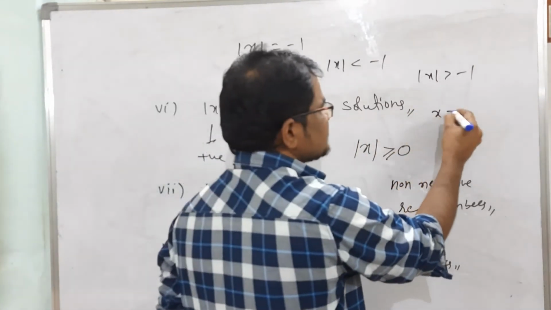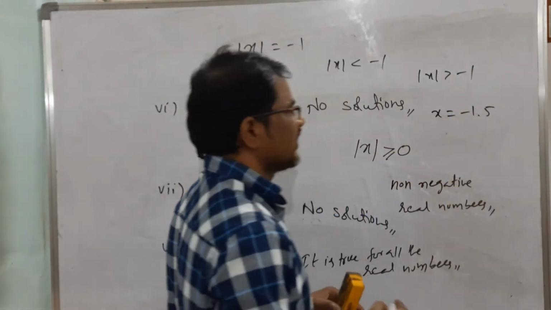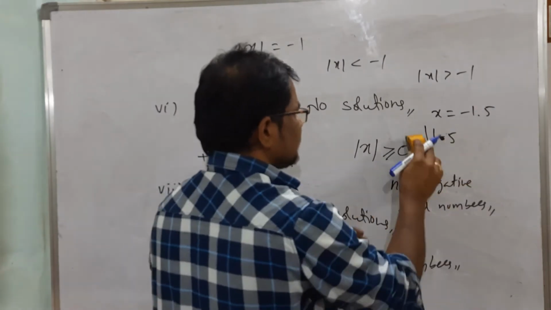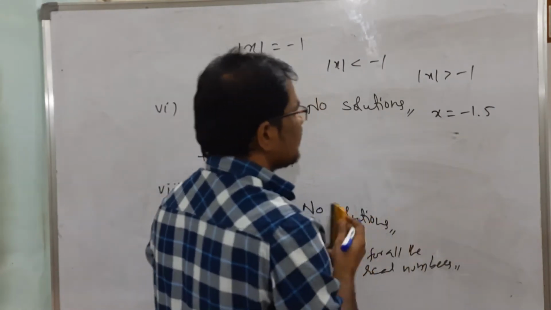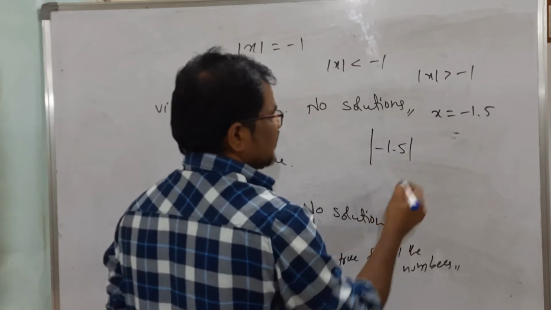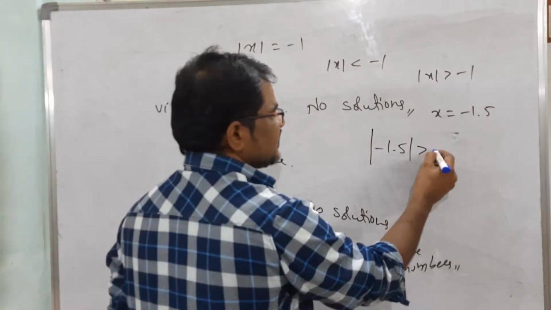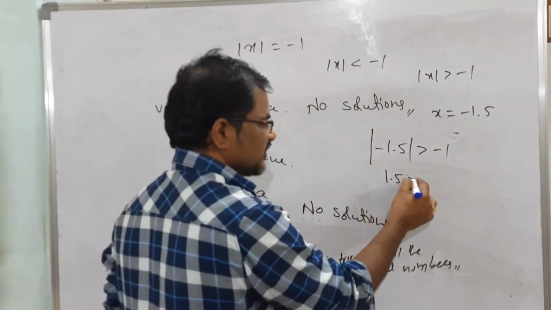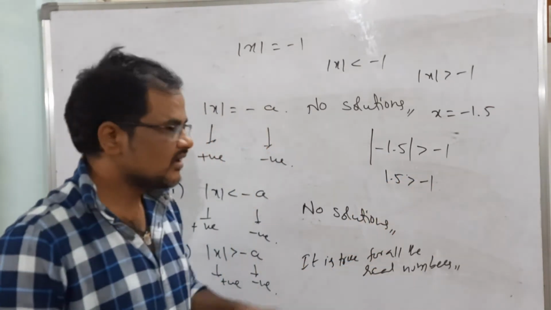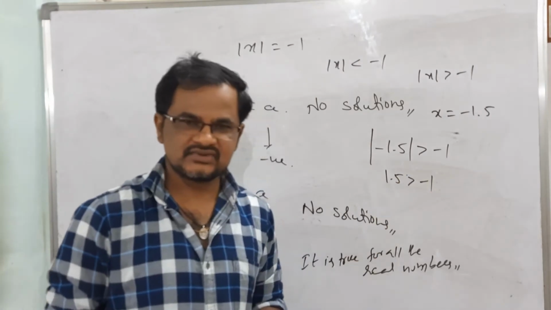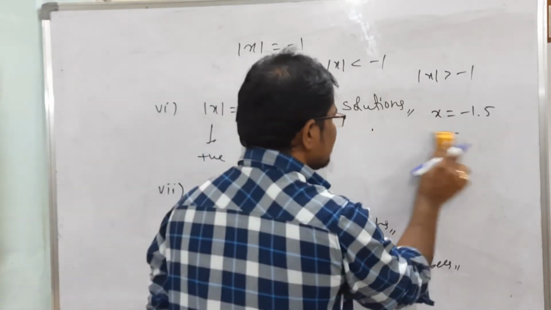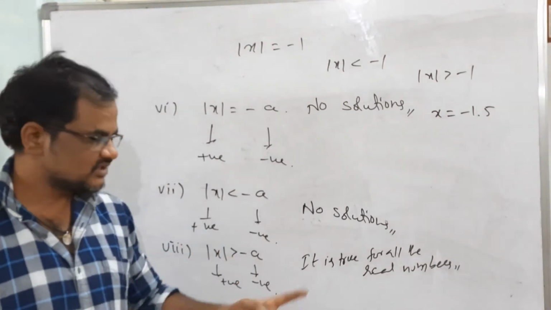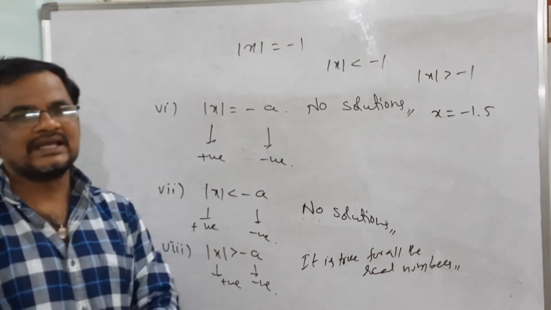Suppose you take x equal to minus 1.5, modulus of minus 1.5, is it greater than minus 1 or not, we have to check. Modulus of minus 1.5 is nothing but 1.5, because modulus is positive. 1.5 is greater than minus 1. So whatever real number you take for x, it is definitely greater than the negative value. So that's why it exists for all the real numbers.